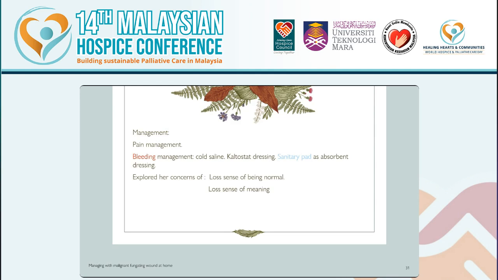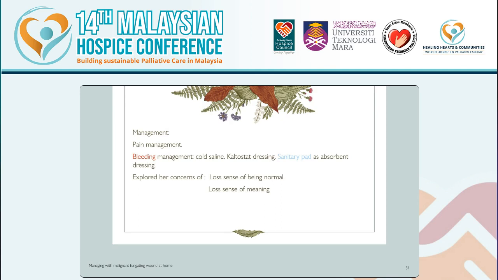On further exploration, she said that she feels there is no point for her to pray to God because she is not clean due to the bleeding. That is the reason why I highlighted the bleeding and also the sanitary pad, because she feels that with the bleeding stain on her clothes, she is not clean and God will not accept her prayers.